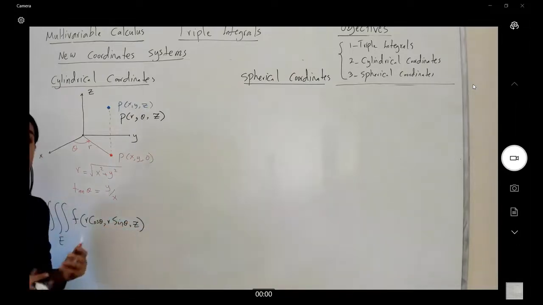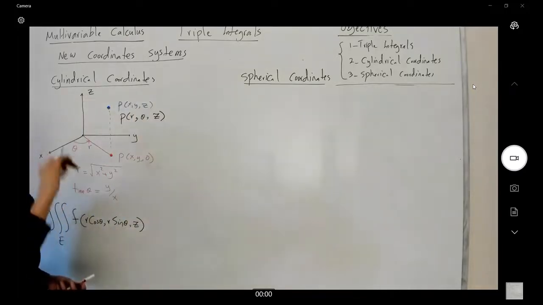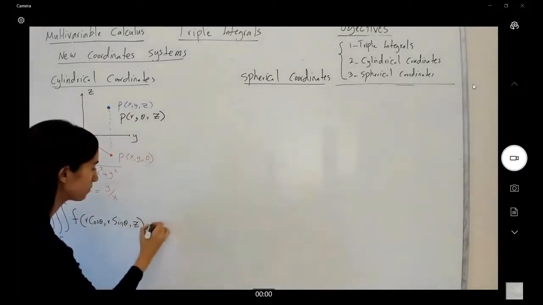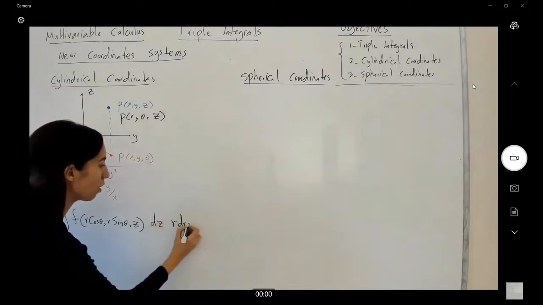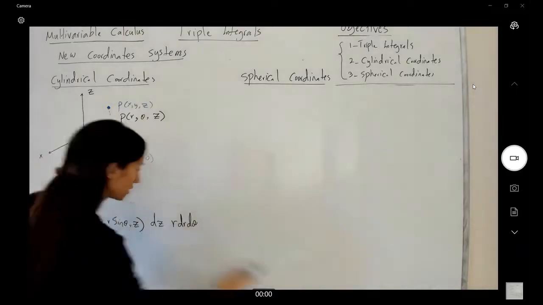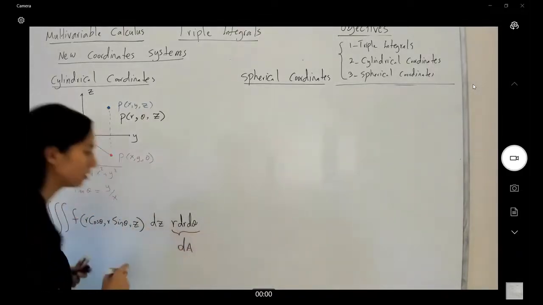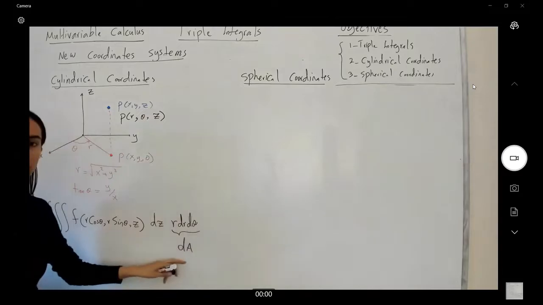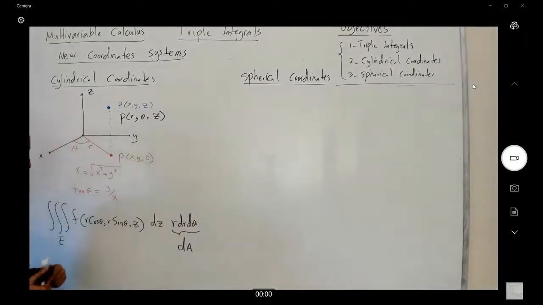And remember that since it's just an expansion of polar coordinates into this new system, dV is now dz r dr d theta. Remember that. This is just the conversion of dA from the Cartesian coordinate system into a polar coordinate system: r dr d theta.